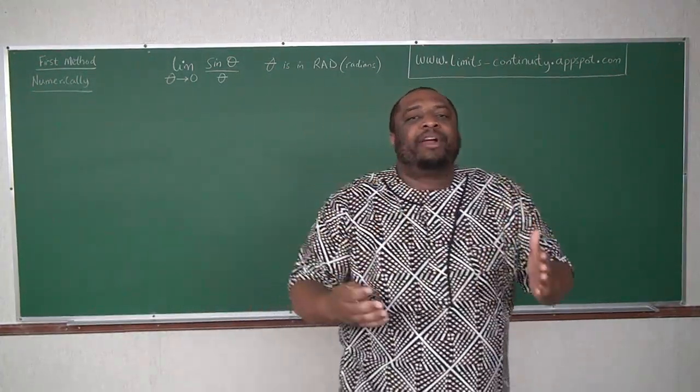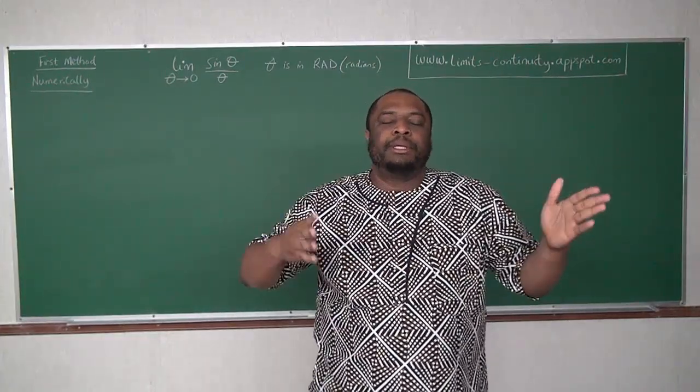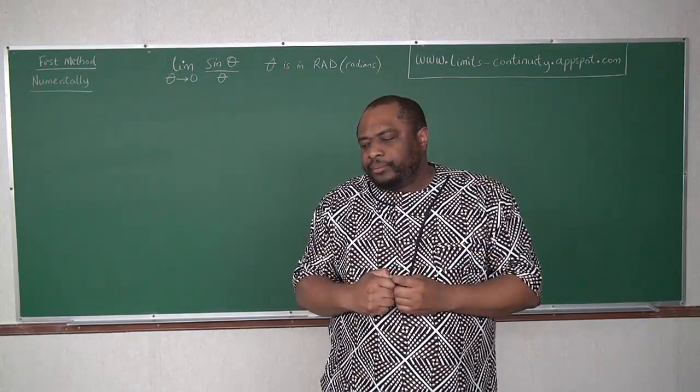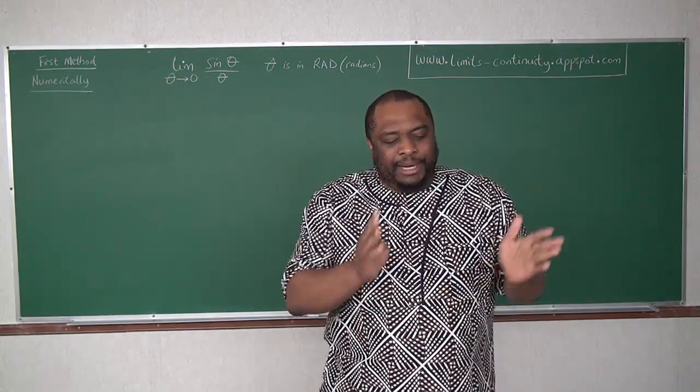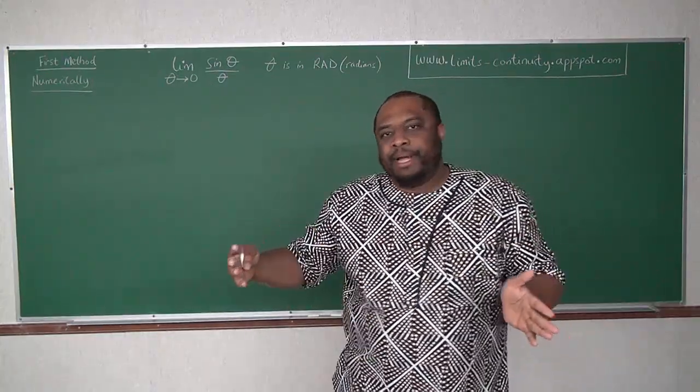I recommend at least five values. If you view the video I did on numerically, I normally recommend at least 5 values from the left hand and from the right hand.